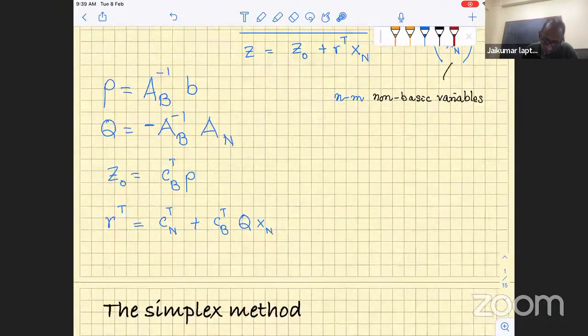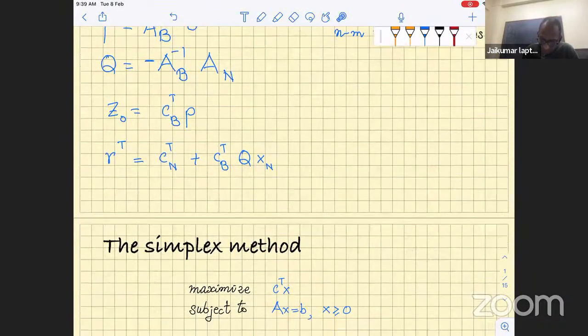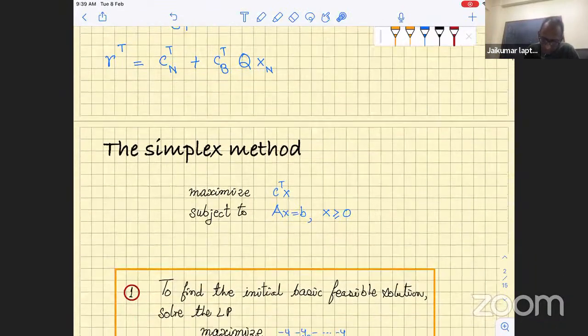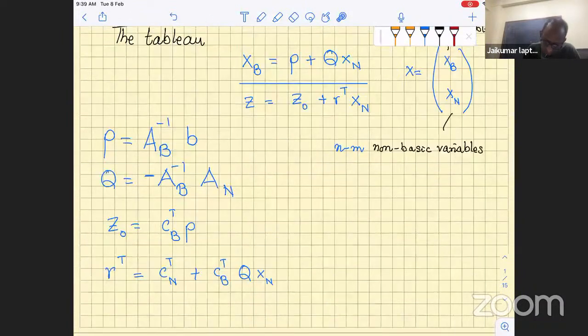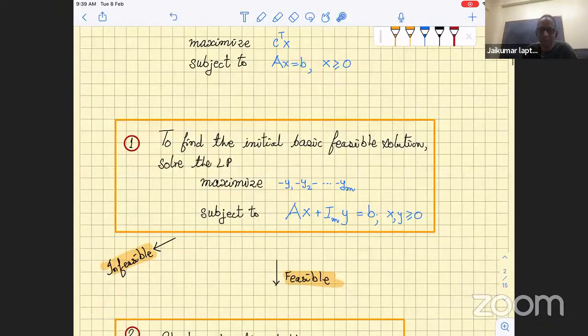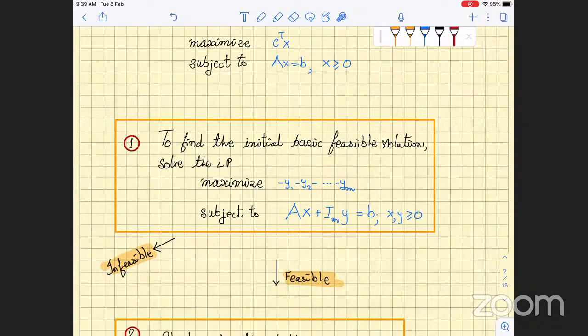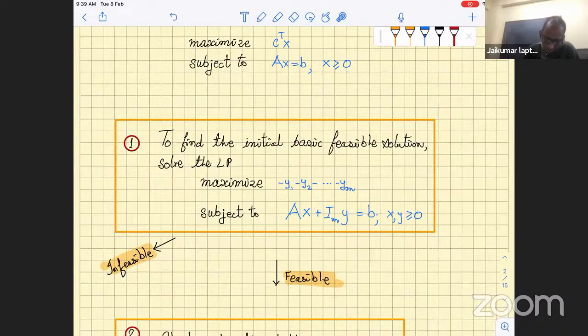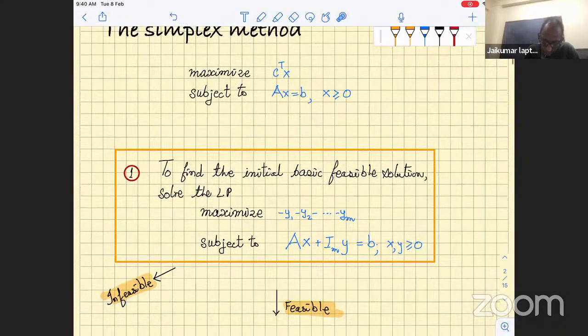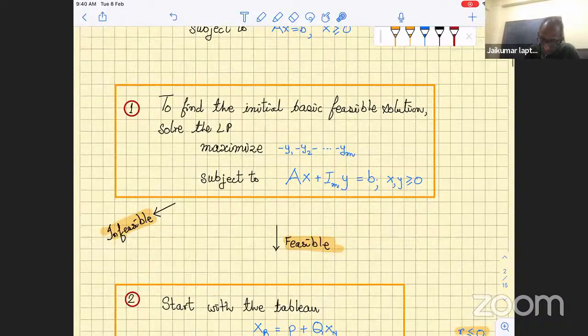So let me just review what we do in the Simplex method. We work with these tableaus, and I'm just going to assume that you all basically remember. So how do we find the initial basic feasible solution? We set up an auxiliary linear program where we introduce these new slack variables, m of them, one for each equation.